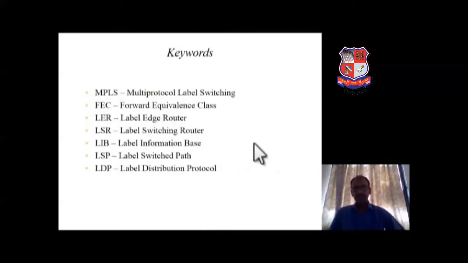Before we move into how MPLS actually works, we need to see certain keywords which are under the domain of multi-protocol label switching. First is MPLS, which we already know. Then FEC, very important, the forwarding equivalence class. Then label edge router, label switching router, label information base, label switched path, and label distribution protocol.